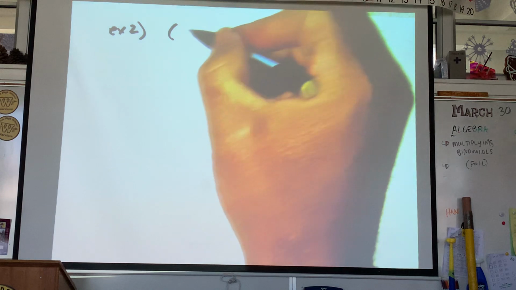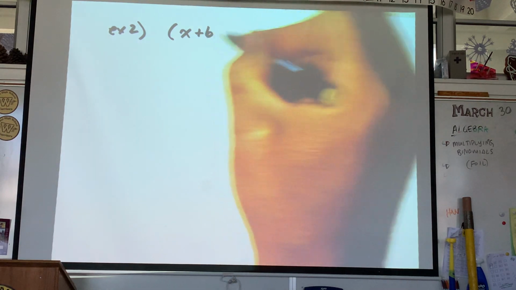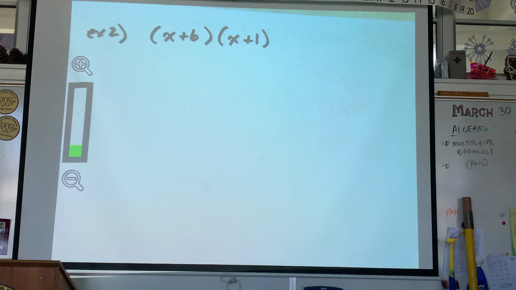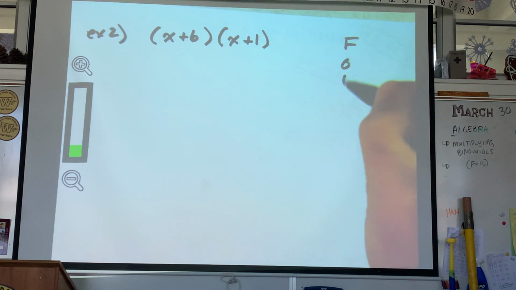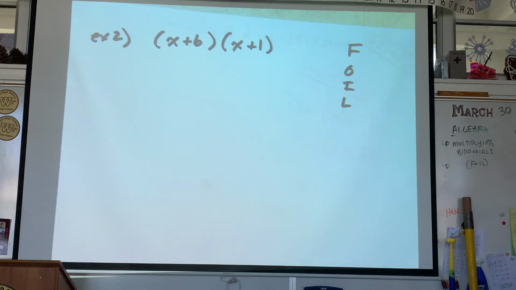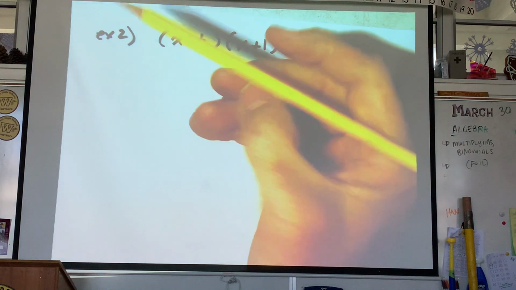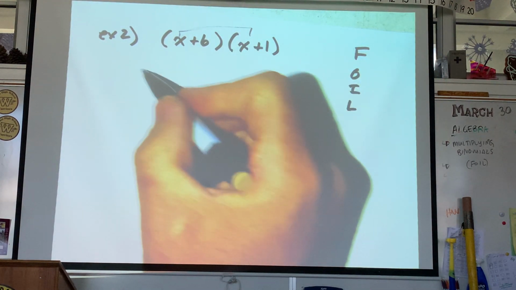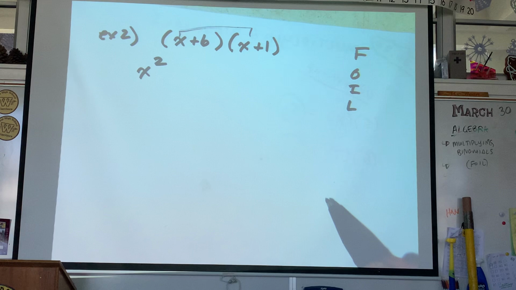X plus 6 times x plus 1. And we call it FOIL because that's the acronym for the order we're going to do. First, outer, inner, last. Firsts are the two first terms, x times x. X times x is x squared.